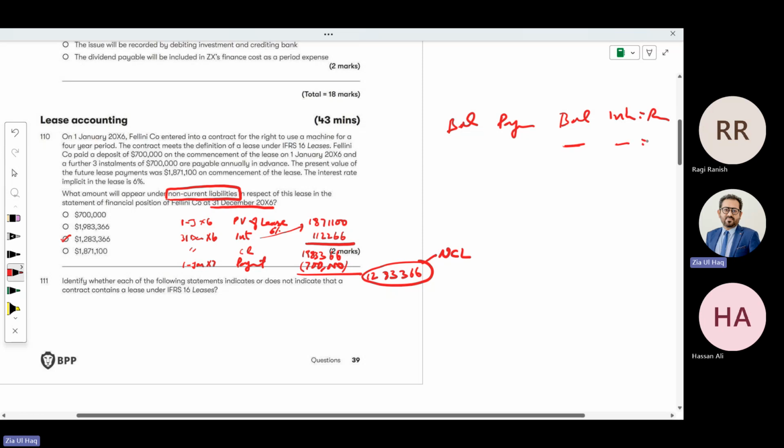We added interest, we got 1983366. From that, we made payment of 700,000. So this amount, 1283366, is a non-current liability. And the difference between this amount and this amount will be current liability. That they haven't asked.